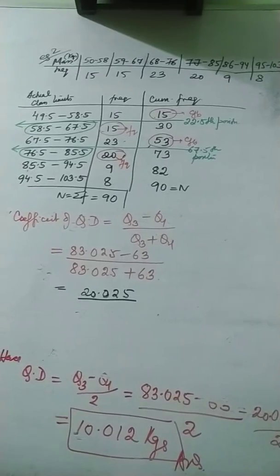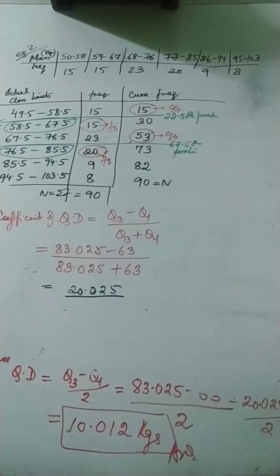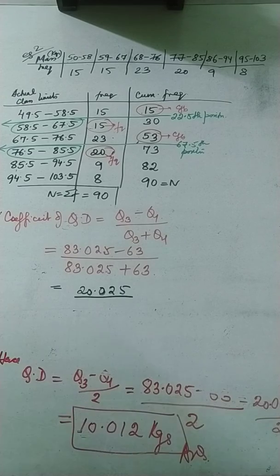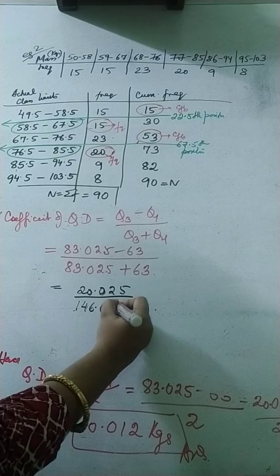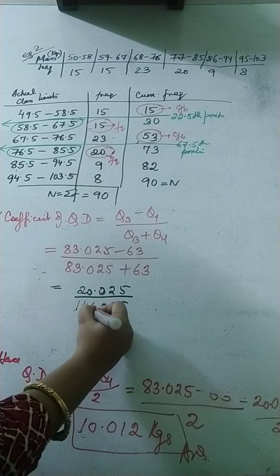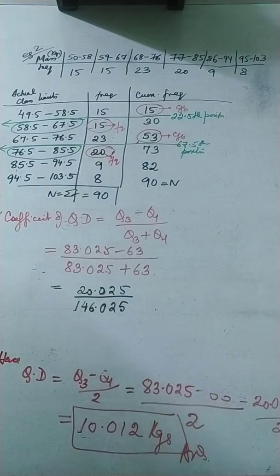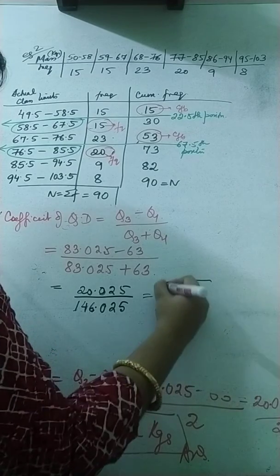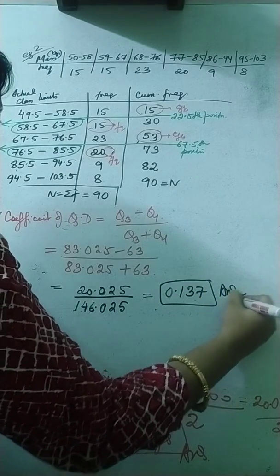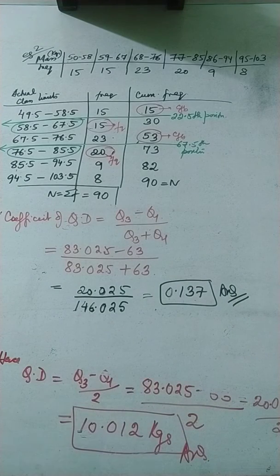And the denominator is 146.025. So this comes to 0.137 as coefficient of quartile deviation. This will not have any unit. Be very careful about that, because it is a ratio of two values which are in the same unit.